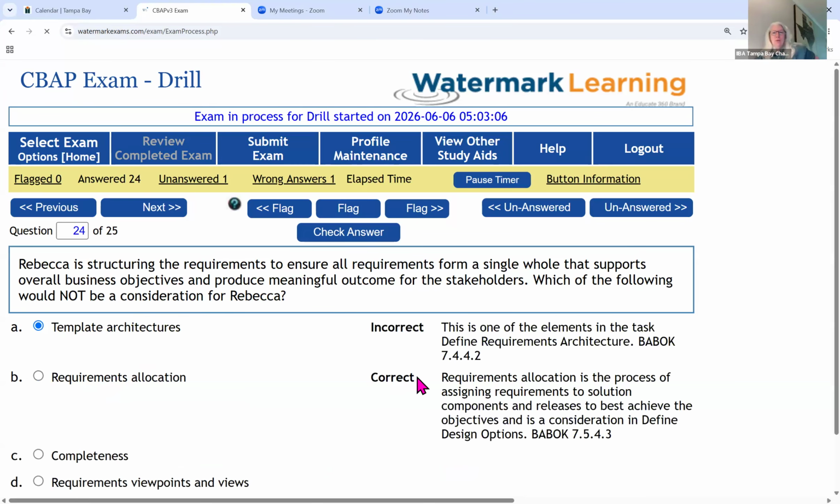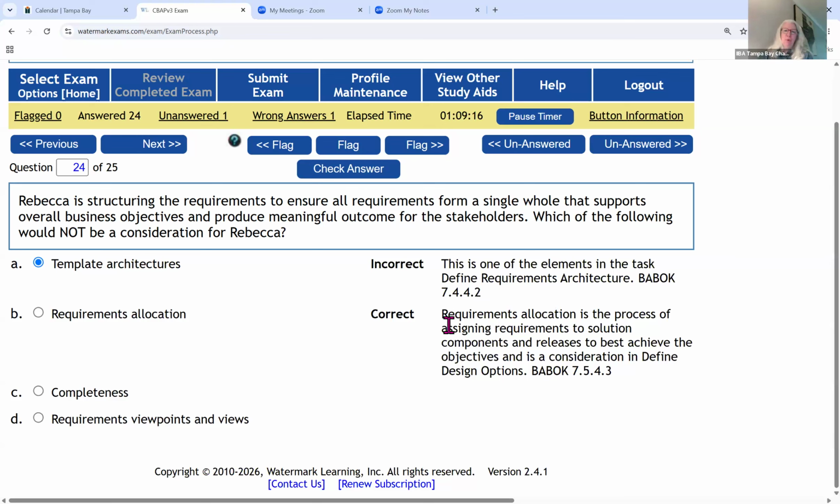So in define requirements architecture, template architectures are like suggestions for you. For the executives, you provide it in this format. For the business people, you provide it in this format. For QA and for development, you provide it in this detailed format.